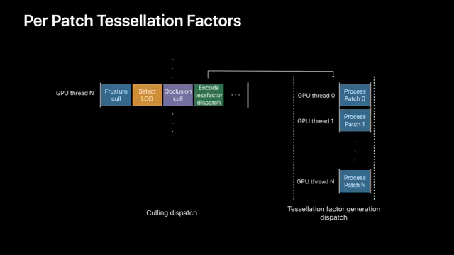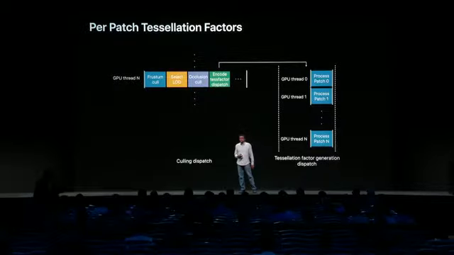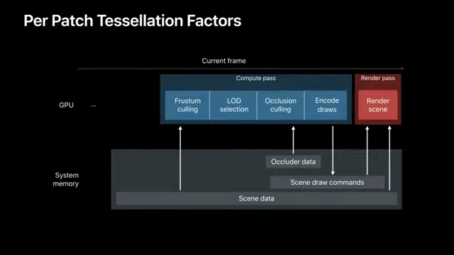So with GPU-driven dispatches, we can now do this. So let's see how we can extend our GPU-driven pipeline to accommodate this processing. Here is the main compute pass that we talked about before that does the culling test, LOD selection, and encoding of draw commands. We can now extend this pass to also encode dispatches for tessellation factor generation.